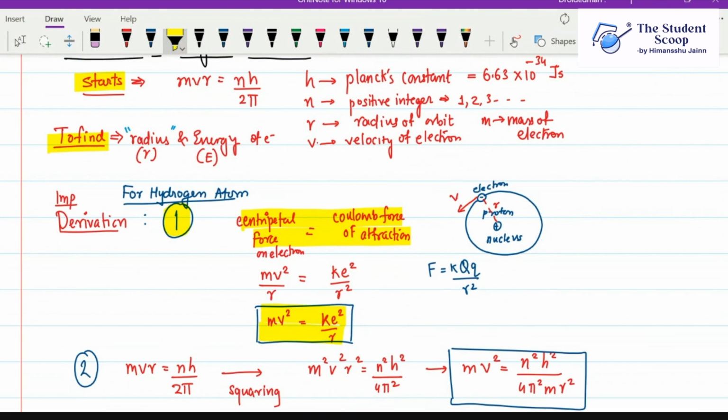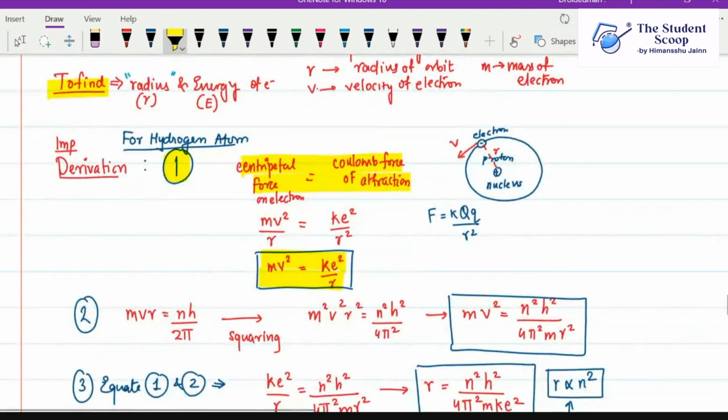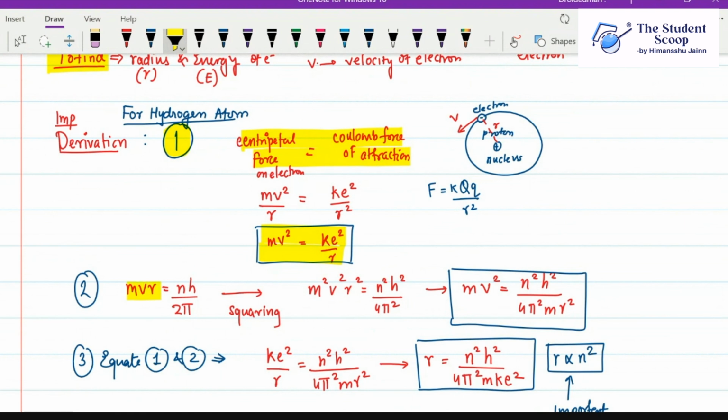We'll keep the first equation right there, and then we'll use Bohr's postulate, angular momentum mvr is equal to nh by 2 pi, and we will square it. Our intention of squaring is to find mv square by r. By moving some terms to the other side, we will get n square h square by 4 pi square m r square as equation 2. Then we need to equate 1 and 2.